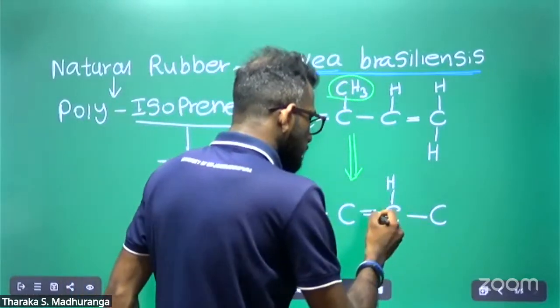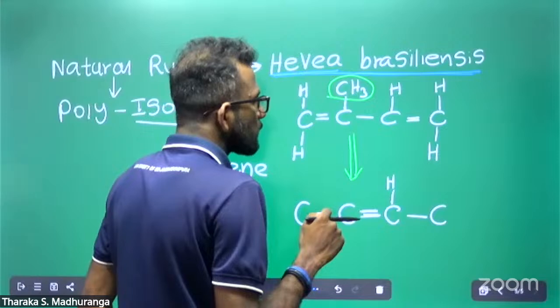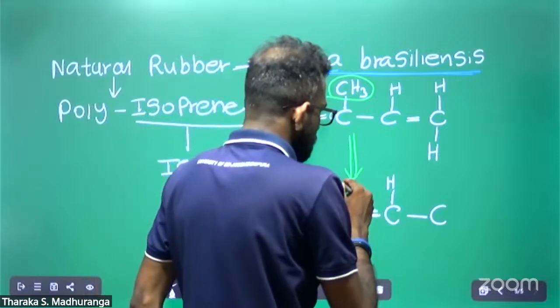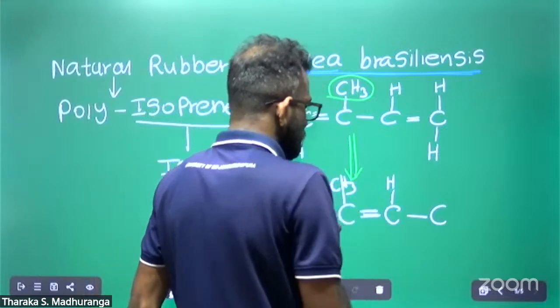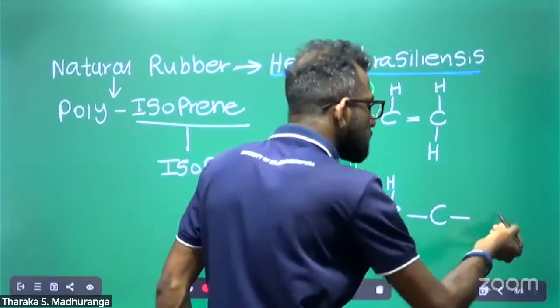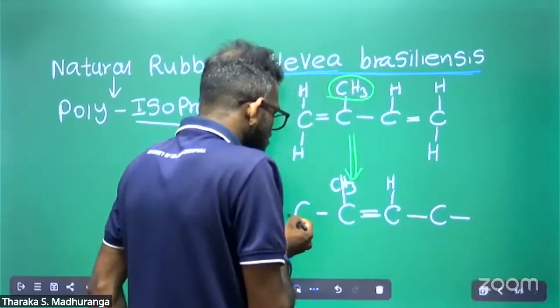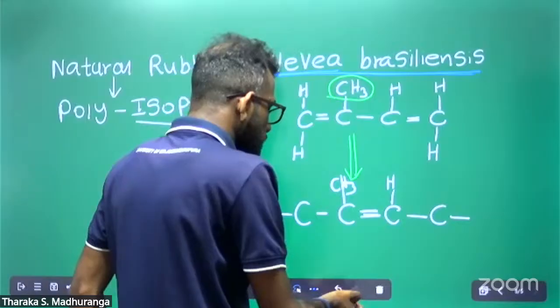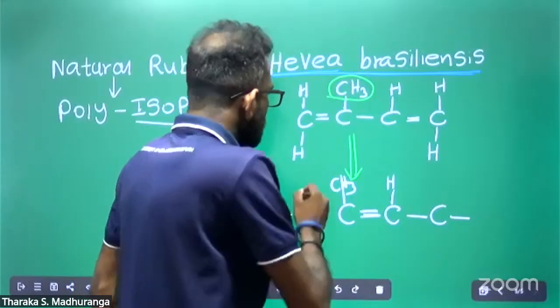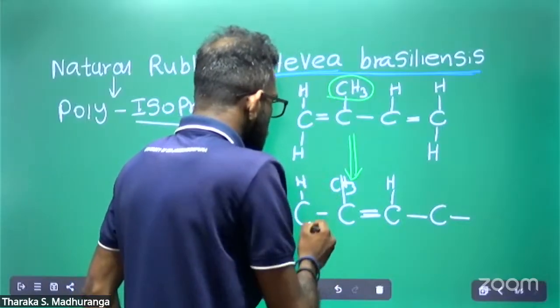And the middle one becomes one double bond. Then this is CH3, and this one combined with other isoprene. This one also combined with other isoprene. The others are the same, hydrogen, hydrogen.